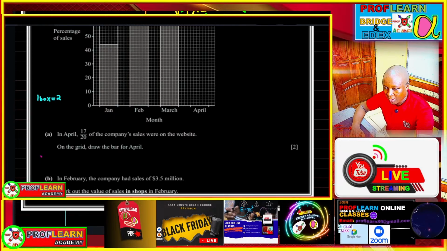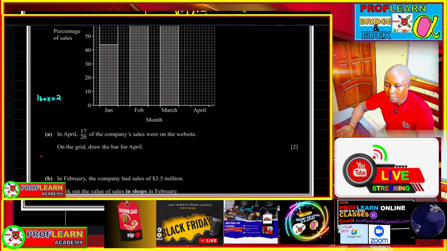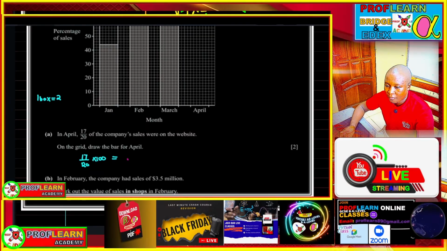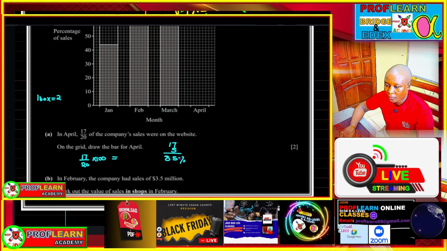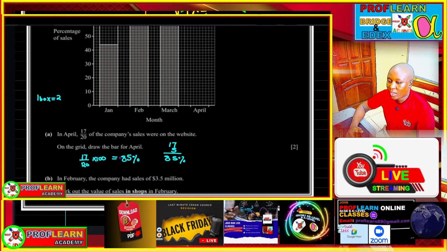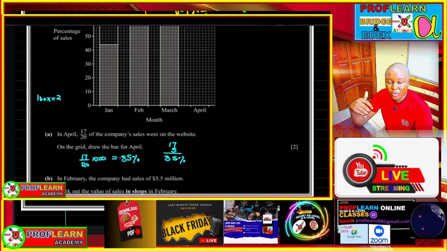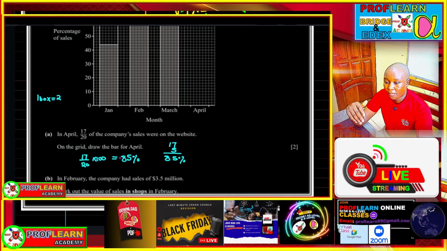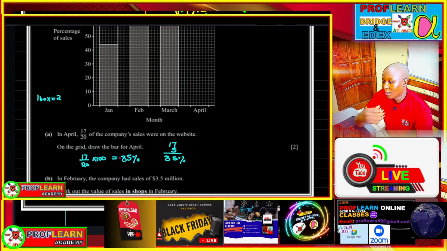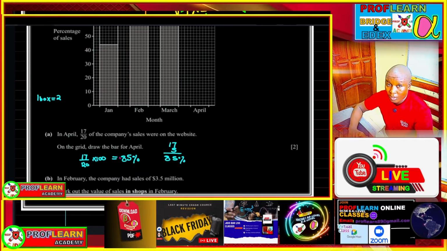So if it's 17/20, this is the fraction, so we can calculate the percentage for the website. That is 17/20 times 100, which translates to 5 times 17, which is 85. So this is 85%. So if 85% was for the website, then 15% will be for the shop.